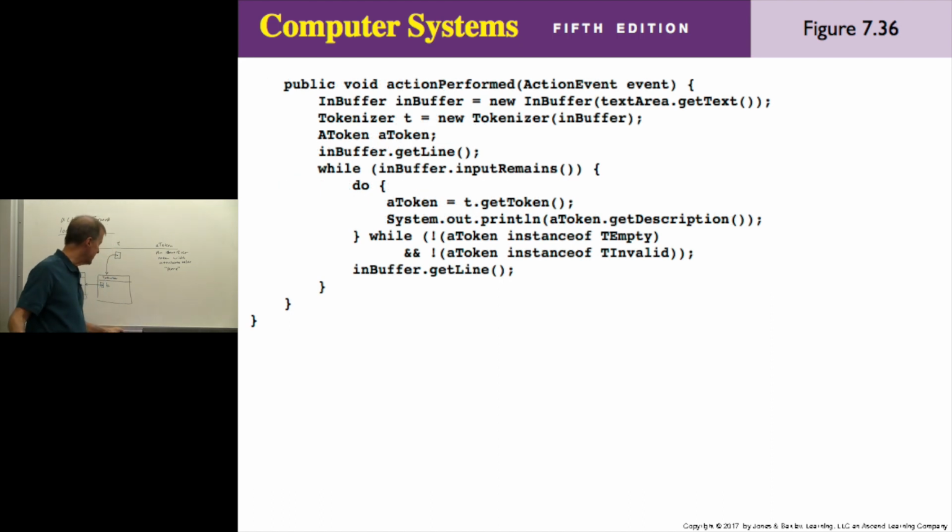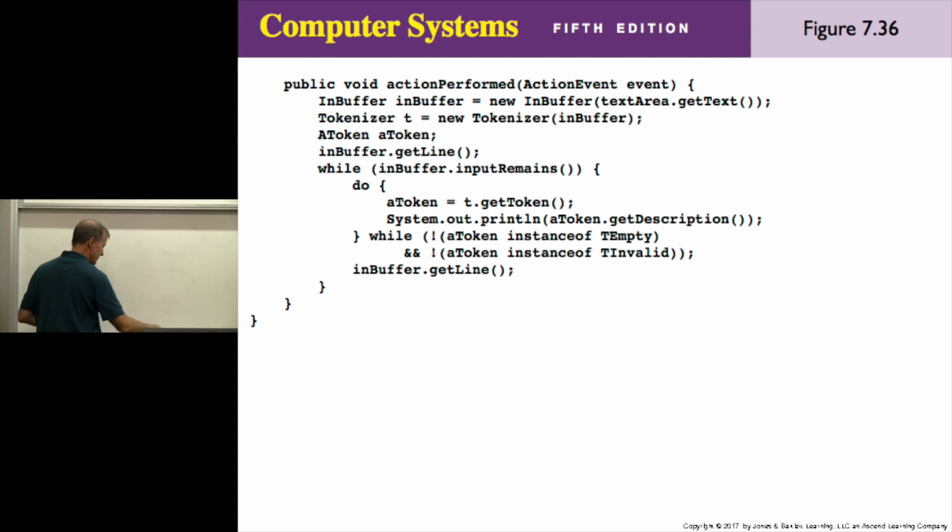Yes. So let's summarize what these loops are doing. What's happening is it's while inBuffer.input remains. Okay, so that outer while loop executes once per what? So these are notes on figure 7.36.